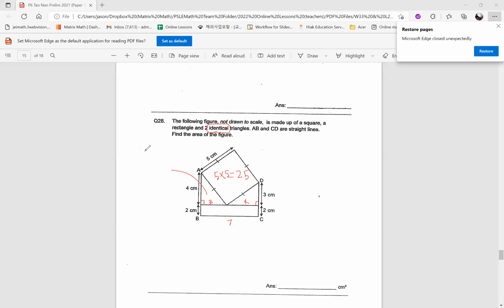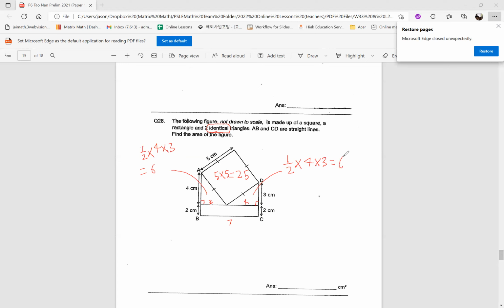The area of this triangle is half times 4 times 3, and you get 6. The area of this triangle is half times 4 times 3 again.